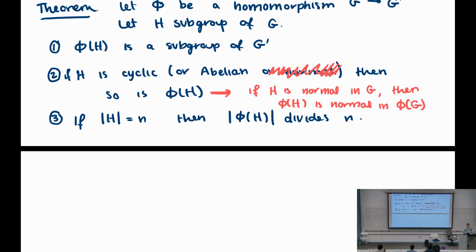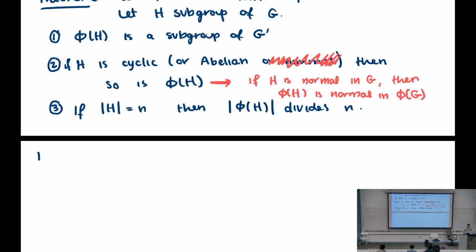Okay, so here's a theorem. And this is going to be a precursor to something that we'll talk about next time called the first isomorphism theorem. So this says that we're going to let phi go from G to G prime be a homomorphism.